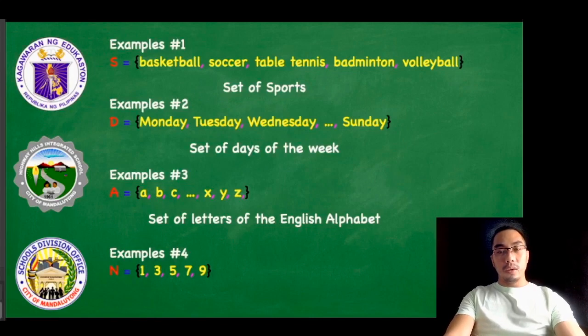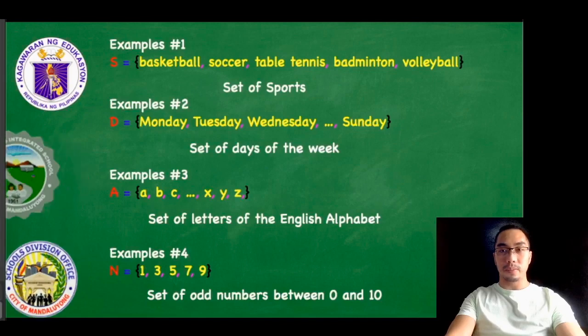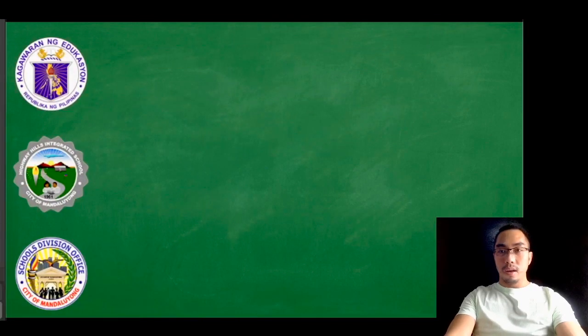Set N, which has the elements 1, 3, 5, 7, and 9. Now, can you describe this kind of set? Okay, so this is the set of odd numbers between 0 and 10. We have to be very specific in describing the set.